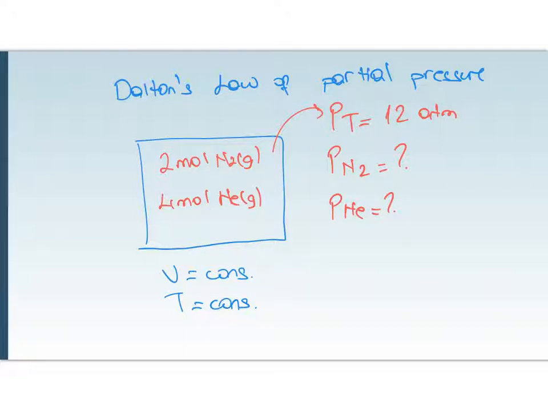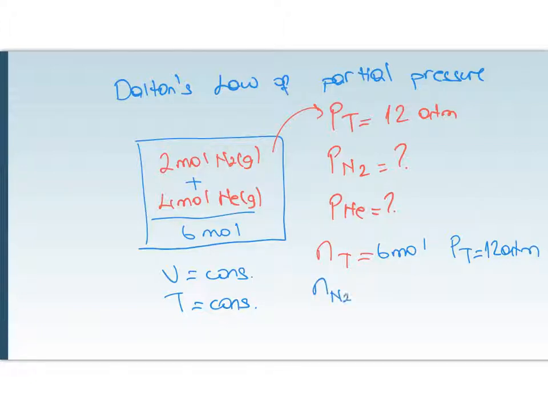If you sum 2 and 4 here, you're going to find 6 moles. The total mole number is 6 mole and the total pressure is 12 atm, so nitrogen, at 2 mole, has a pressure of 4 atm.